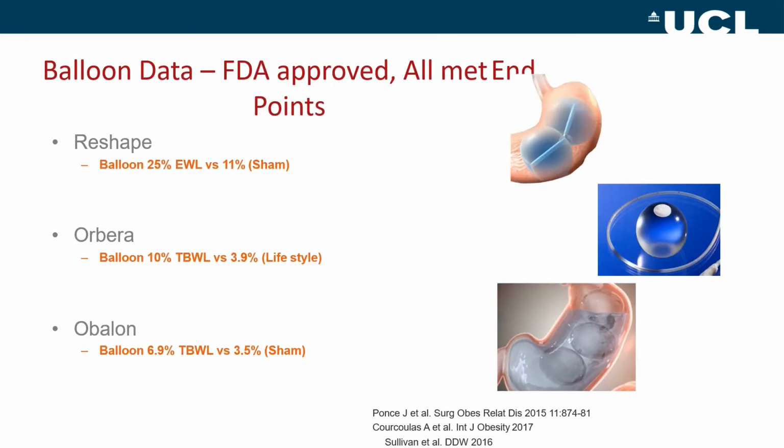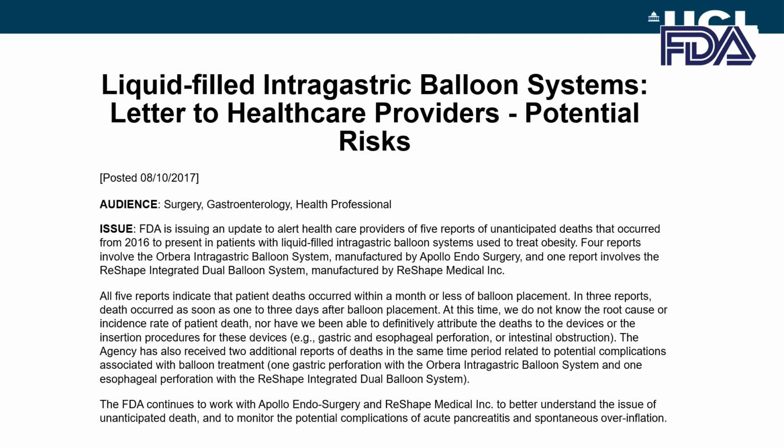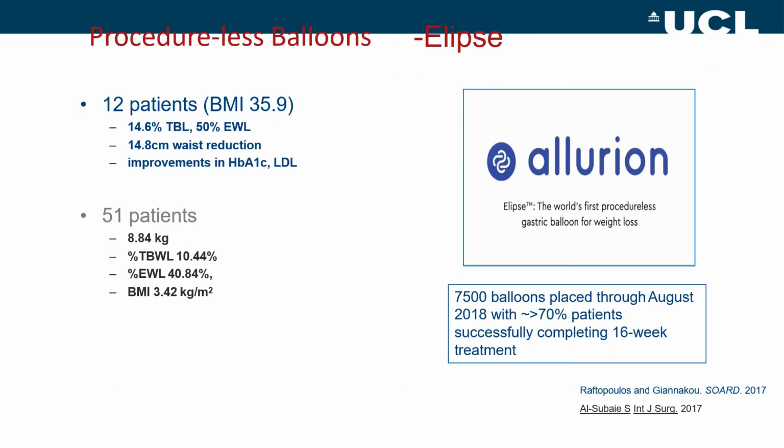Randomized data, the total body weight loss at 12 months is in the region of between 10 to 25%, but these all have to be removed. However, 3 years ago, there was an FDA alert due to the potential risks of balloon migration. And now we have procedure-less balloon, the ellipse balloon, which is swallowed on a string.